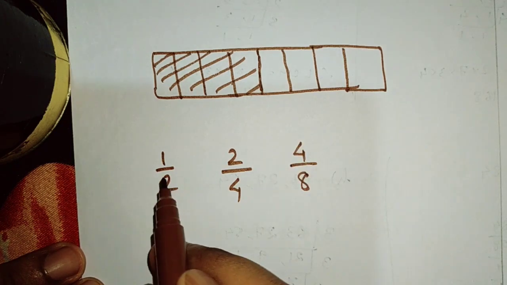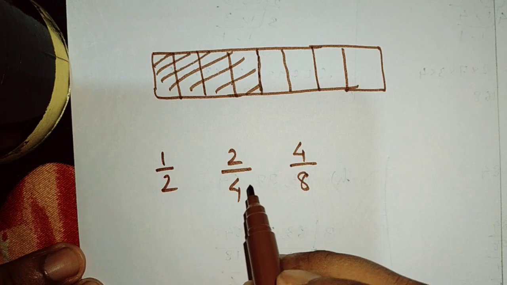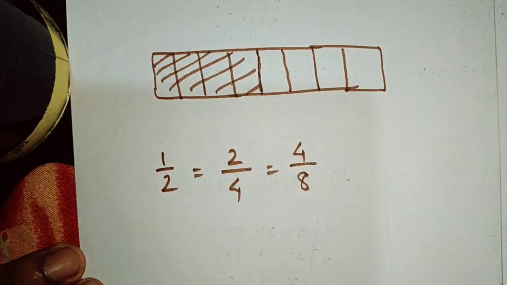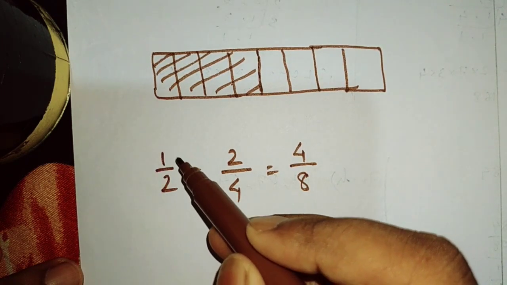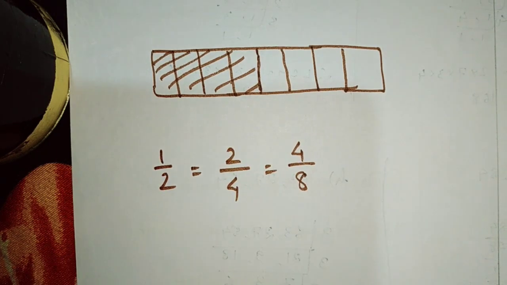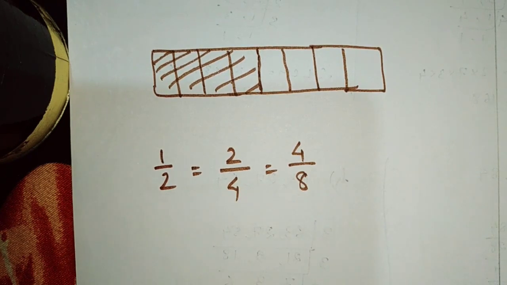That means we can say that this 1 by 2 is the same as 2 by 4, and this 2 by 4 is the same as 4 by 8. So we can write them as equal, isn't it? That means the values of 1 by 2, 2 by 4 and 4 by 8 are the same. These 3 different fractions have the same value.